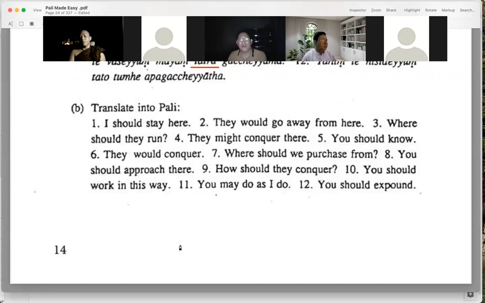But because of should, eyyum. So go away, go away means apagaccha. So from here means ito. So they ito apagaccheyyum. Go away means apagacchati, right? But with its optative verb. Okay. So they ito apagaccheyyum.